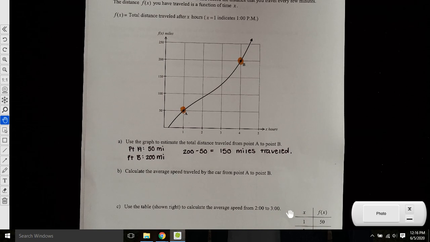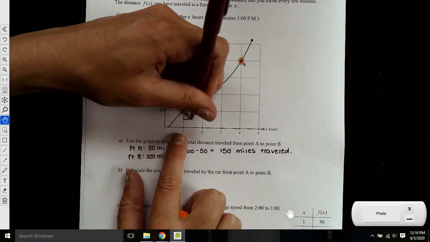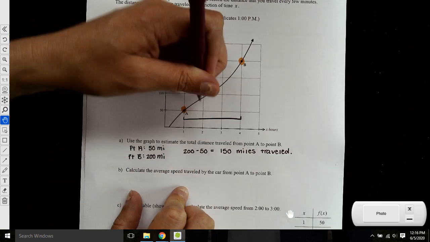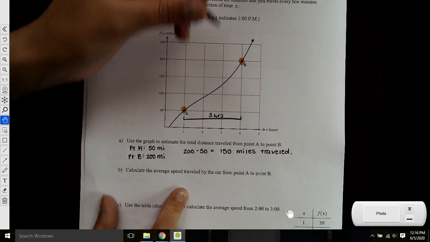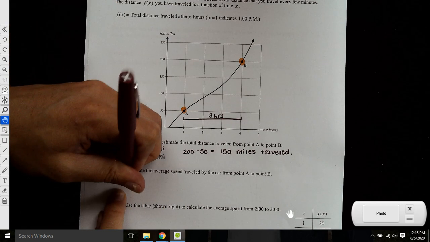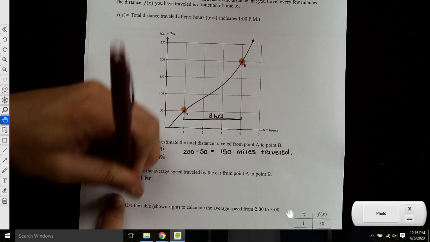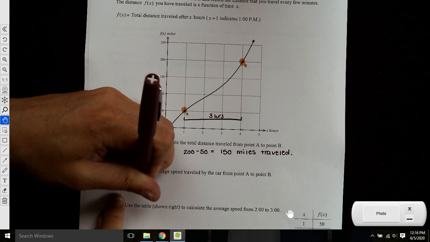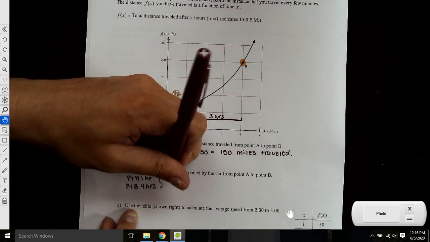Next it says, calculate the average speed traveled by the car from point A to point B. So we travel 150 miles, and from point A to point B, you have 3 hours. Point A is at 1 hour. Point B is at 4 hours. So that's 3 total hours there.